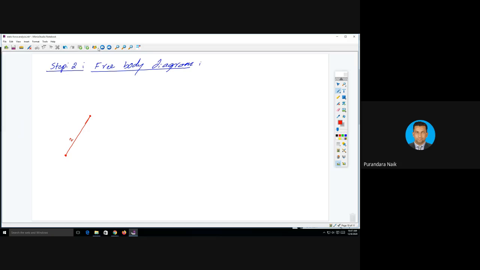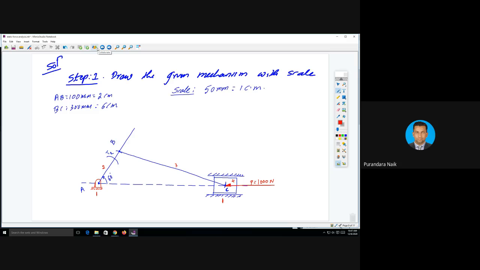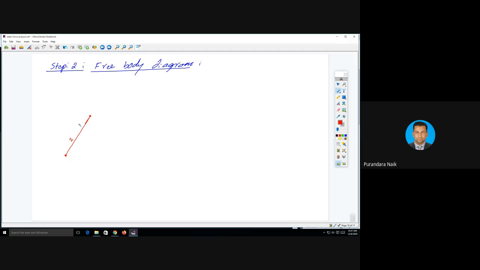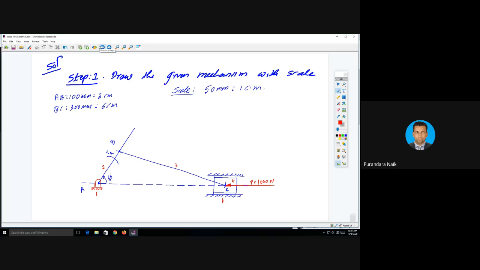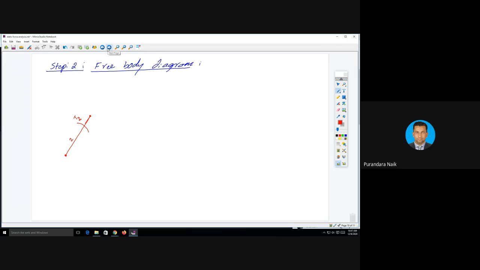Next, what are all the forces acting on this link? We'll keep link number 2 as it is, and the torque is acting here, that is T2. That is the first link, and the second link is over. The third link is the connecting rod. I'll draw the connecting rod somewhere here. I'll just open all 3 links and draw them separately.